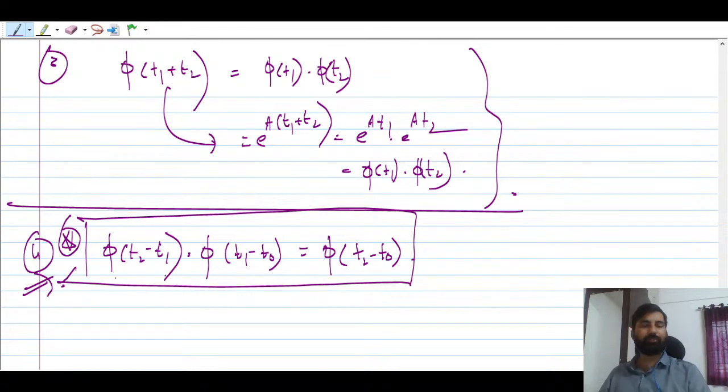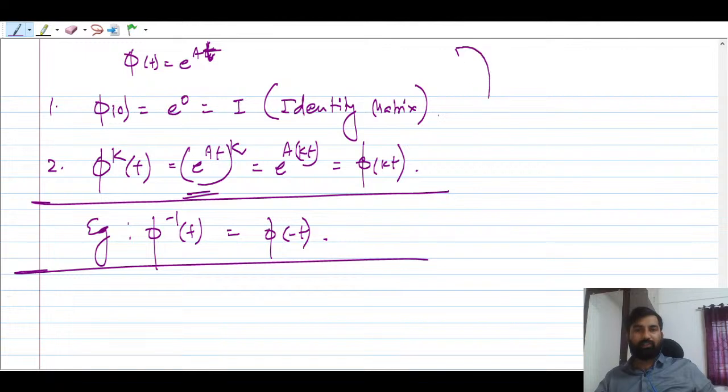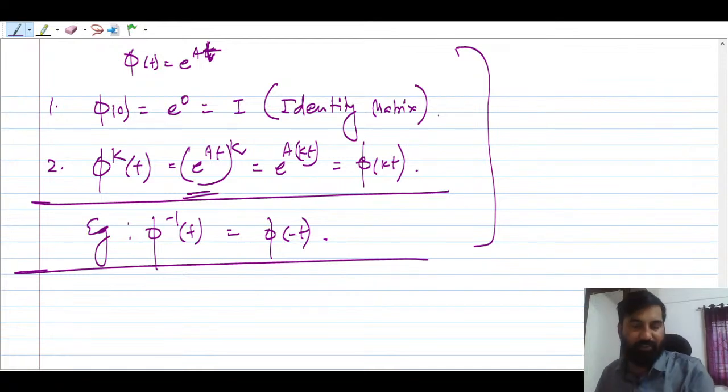Please remember this. So these are the important concepts that you have to keep in mind. ये सारे properties हैं that you can prove it also, right? t2 minus t1 and all these things.